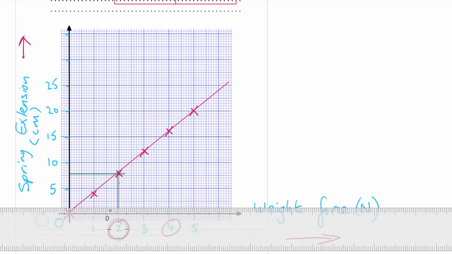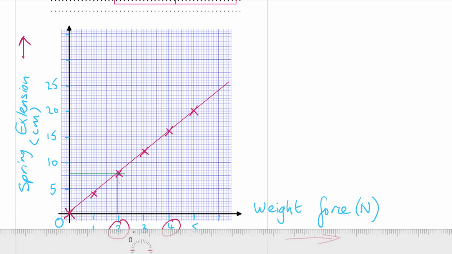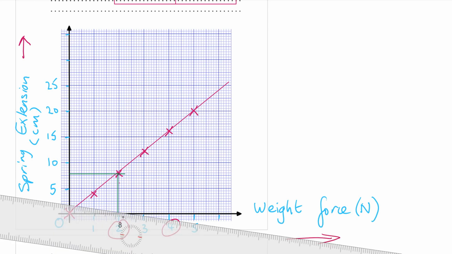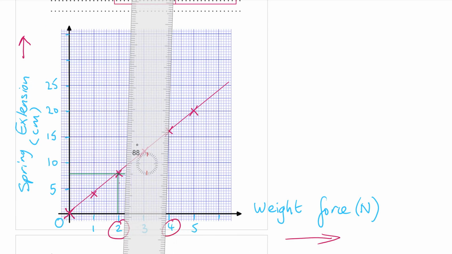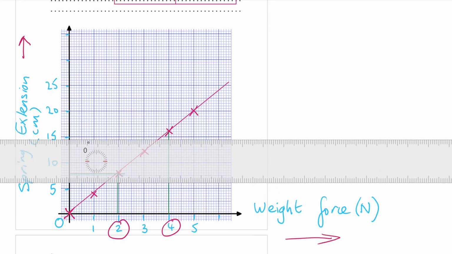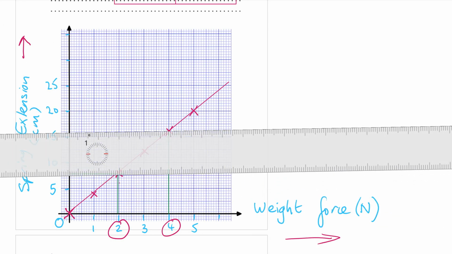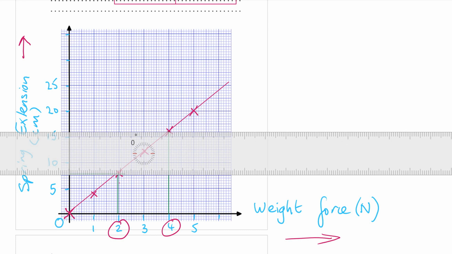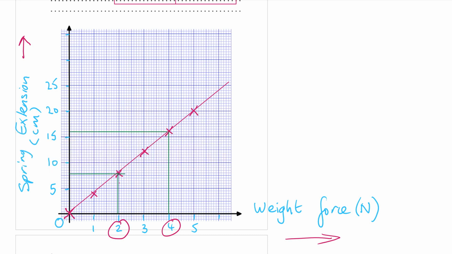Put my line in. That's 8. So at 2 newtons, the spring extension was 8. And then at 4 newtons, the spring extension was 16.